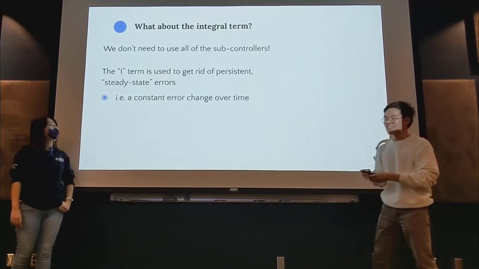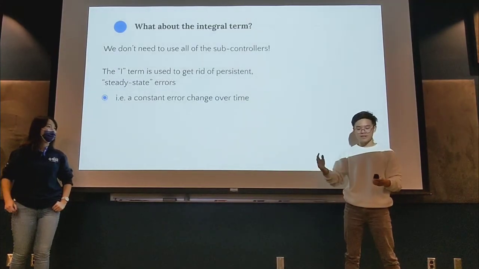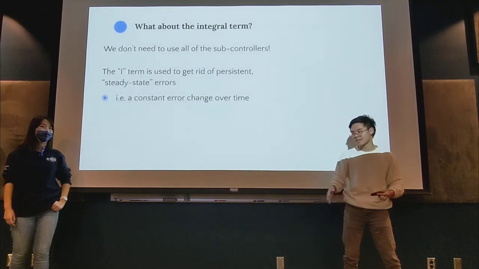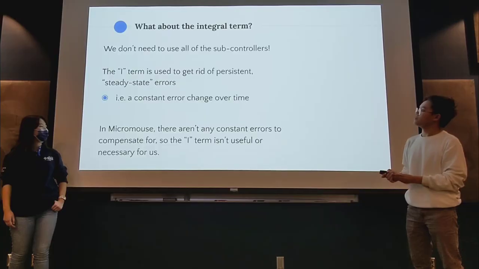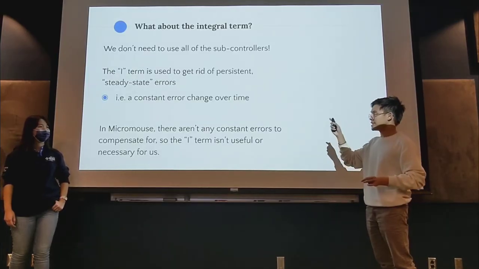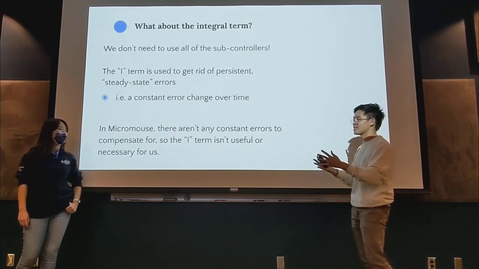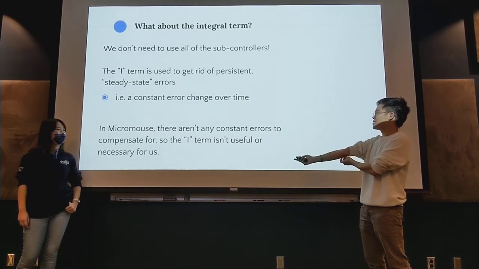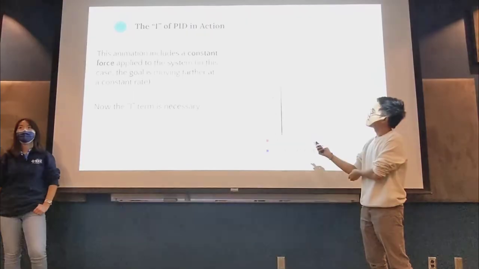But in our case, we know exactly what distance we want to run, so that won't change between the time we get there and the time we reach it. That would be called a steady state error, where I'm running towards her but the error is not going down. In Micromouse, the I term isn't useful for us, so we just don't need it.